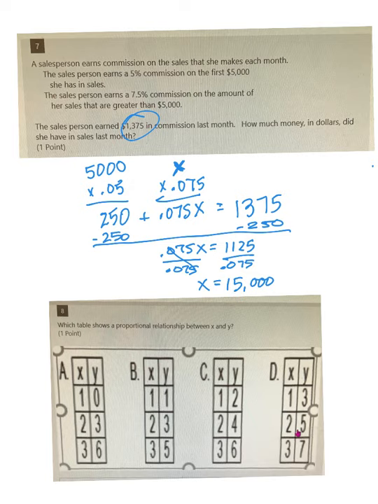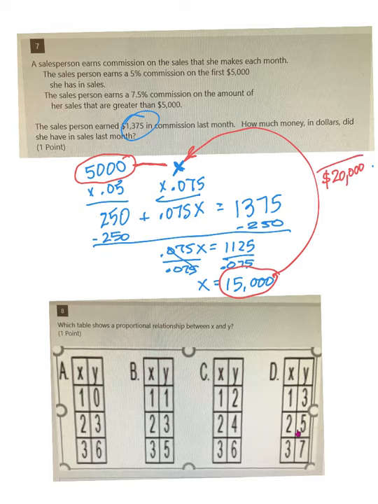Remember that we have to include the original 5,000, because this $15,000, that's the X. We have to add it to the 5,000 to get our total sales. So 15,000 plus 5,000 is $20,000. That is how much this particular person had in sales.